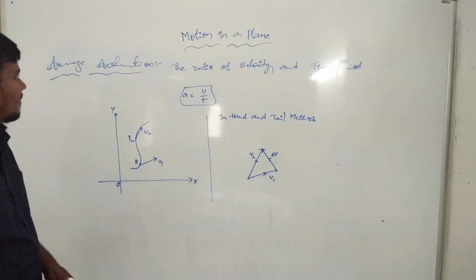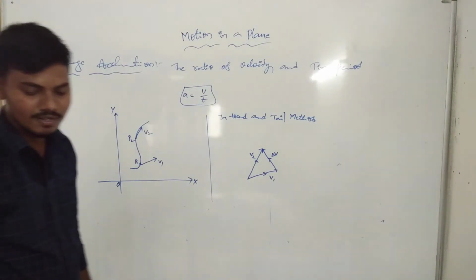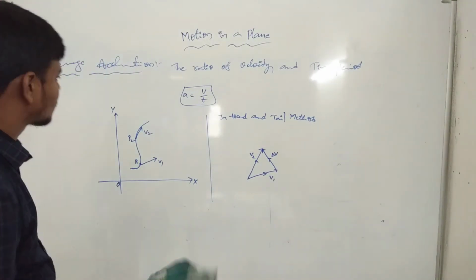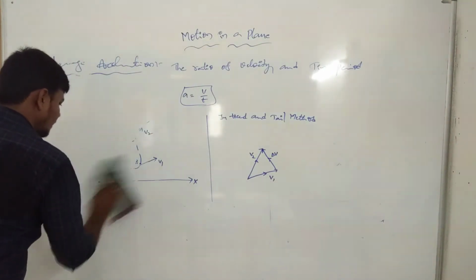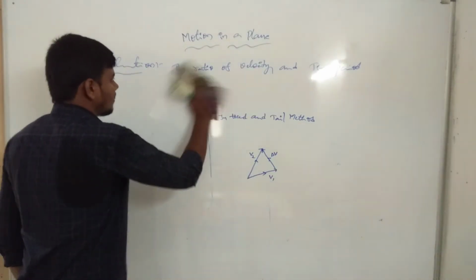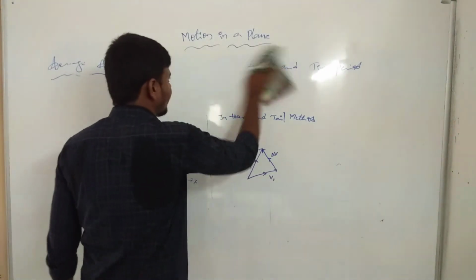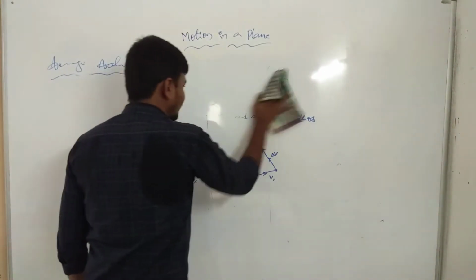Now this is the average acceleration. A is equal to V by T. That means acceleration.